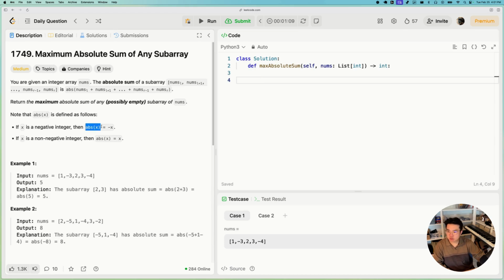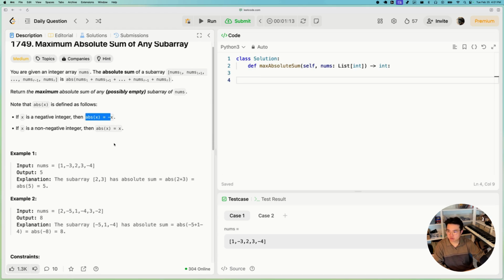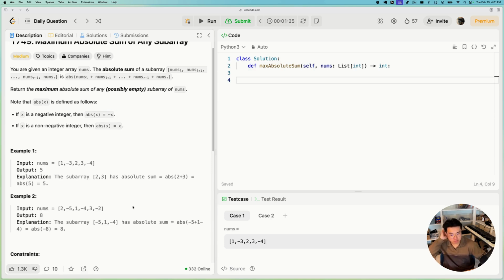Don't they mean the absolute of negative x is equal to x? I think this is off, right? Or if x is a negative number, then a negative times a negative is a positive. That's what they mean. Either way, absolute value will give us positive, right?